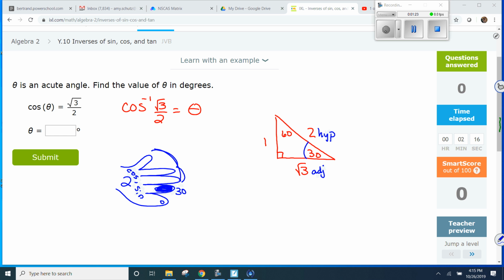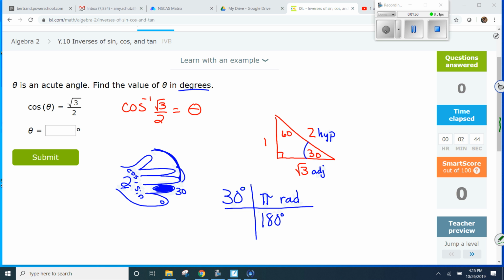To get radical 3 over 2 for cosine, I have to fold in my ring finger, which is going to be 30 degrees. Now I do want to point out, this does say put it in degree measure, but if you needed that in terms of radian measure, or with the pi, we have this unit multiplier where 180 degrees is the same thing as pi radians.